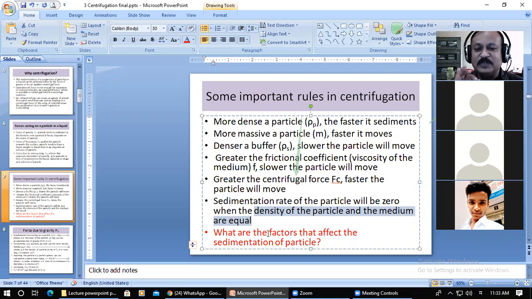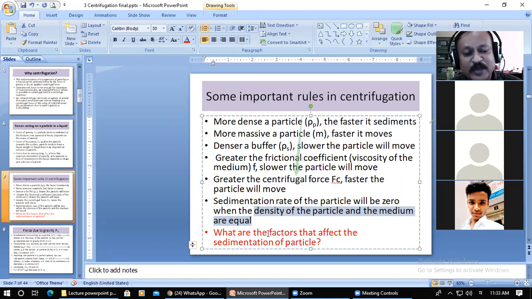So just remember this sentence: if the density of the particle and the density of the medium are equal, then the net rate of sedimentation will be zero. Whatever terminal velocity the particle has already achieved, with that velocity it will continue to move towards the bottom. That is to say, there will be no net acceleration in the movement of the particle. So no acceleration, but constant velocity.